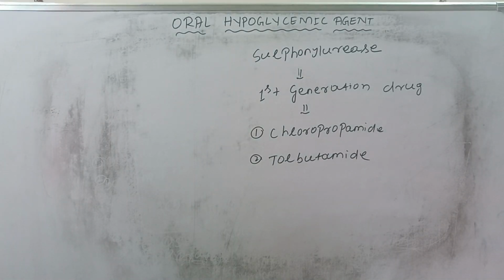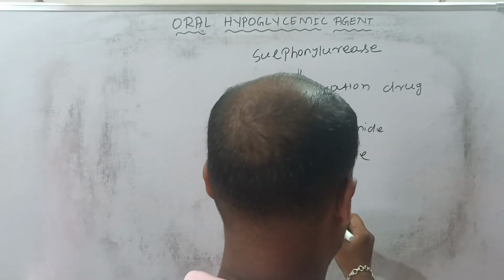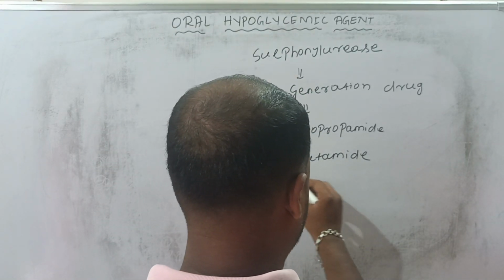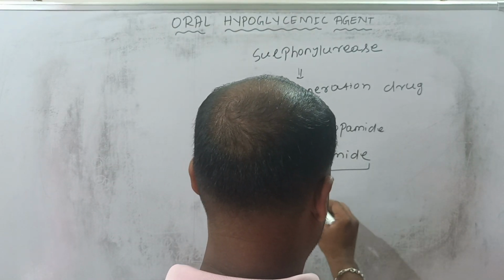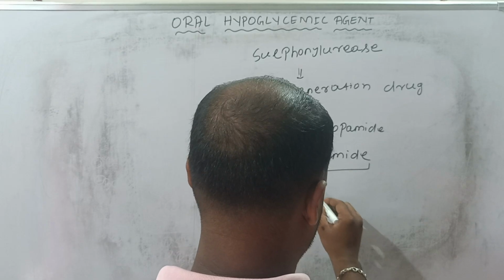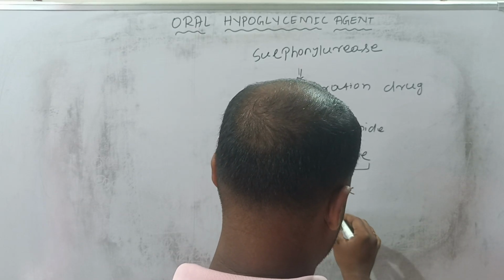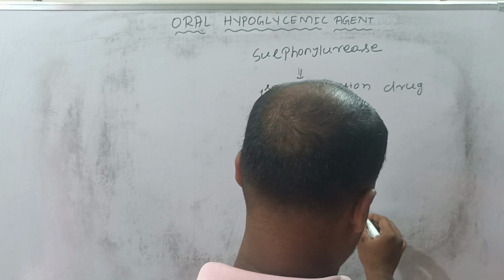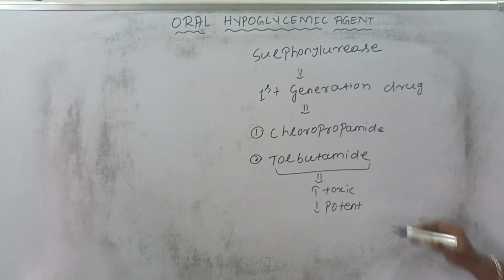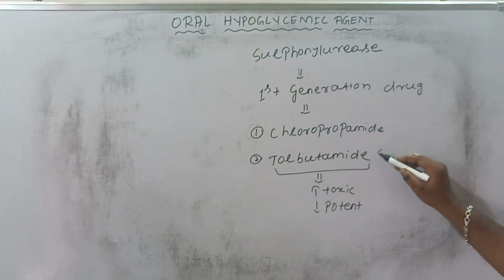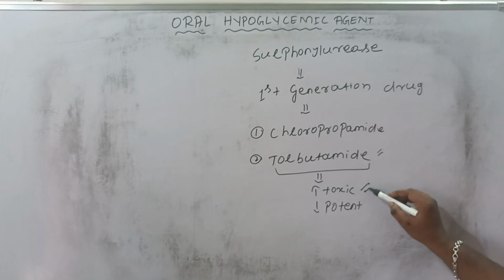The tolbutamide is highly toxic and less potent. Always remember the tolbutamide is highly toxic and less potent.